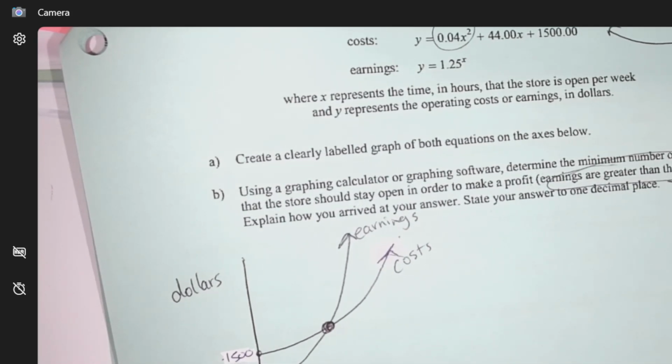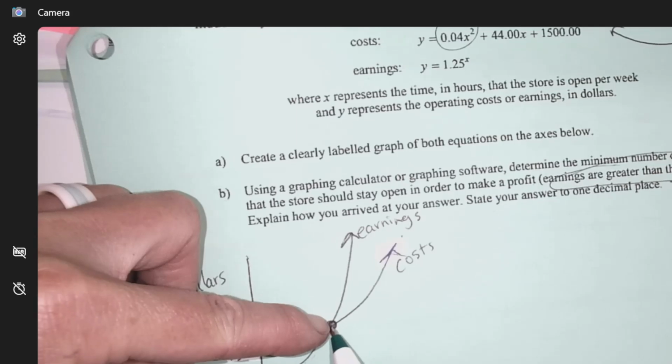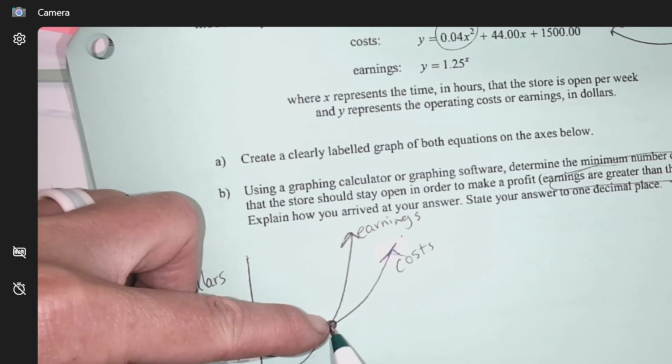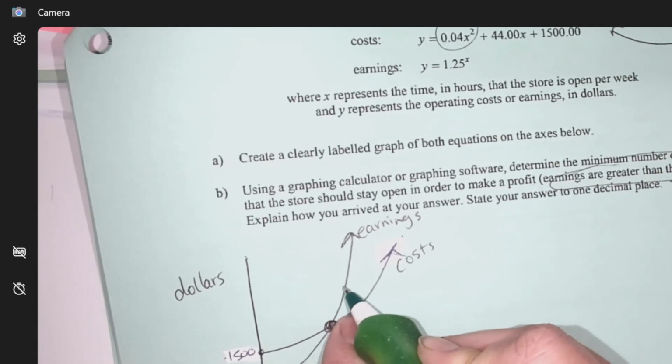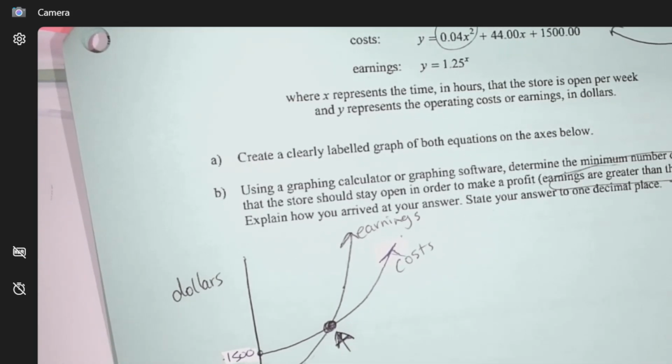So do you see here? My earnings are below that line. They're below that line. They're below that line. Right here, they're the same. And then all of a sudden, they're going to switch. Now the earnings is going to be higher than the cost. So what do I want to know? I need that. That's the big thing with my math. So you guys know how to do that.